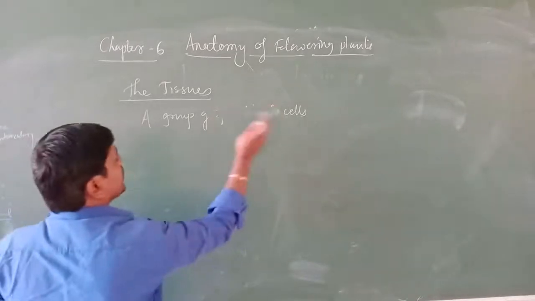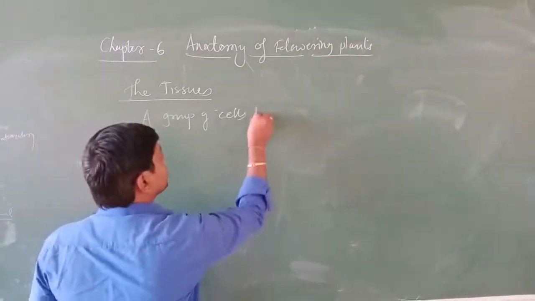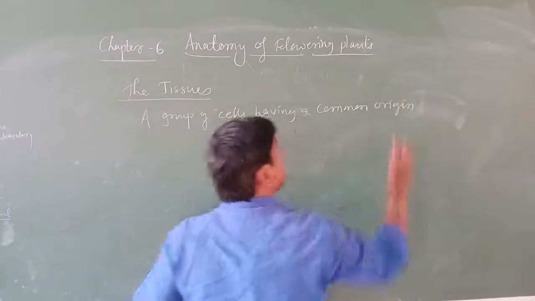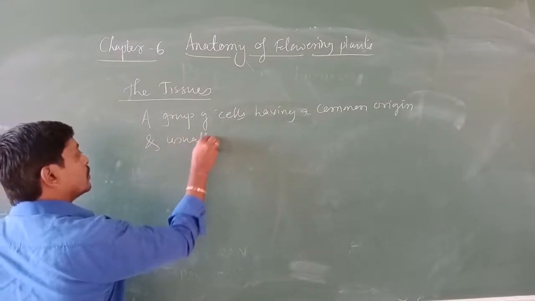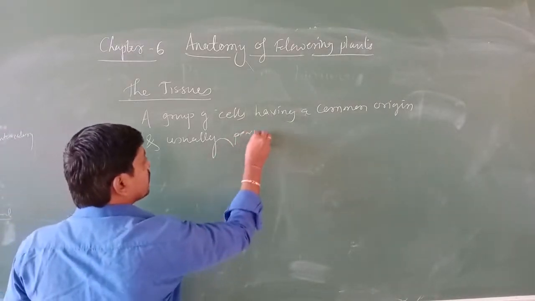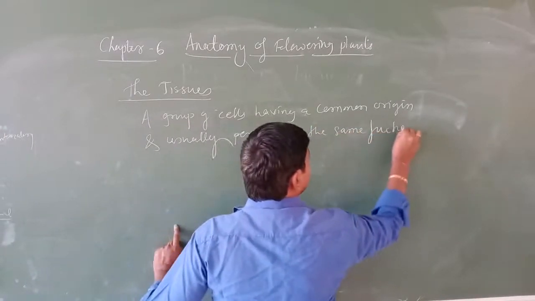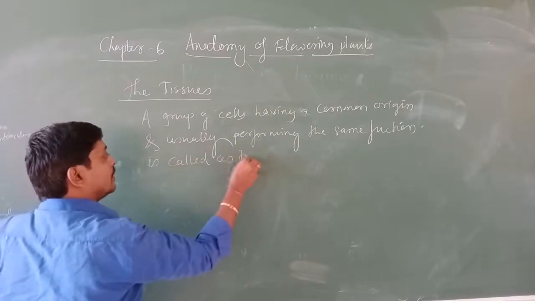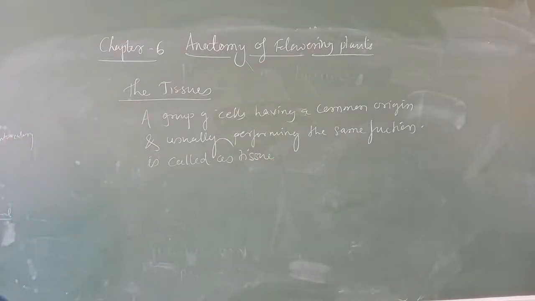If you don't want to say specialized, a group of cells having a common origin and usually performing the same function is called a tissue. Right? This is the definition of tissue.